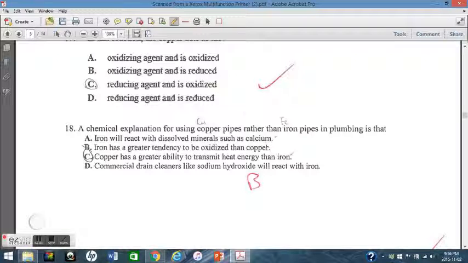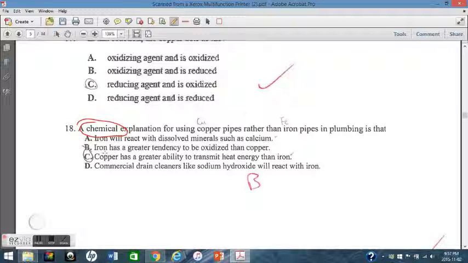If you look on your table, what you'll find is that copper as a solid is higher up that list, more towards the top than iron is, which means of course that iron is more likely to react with more things.